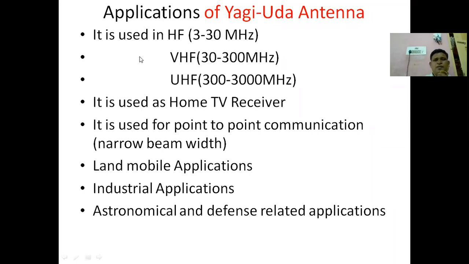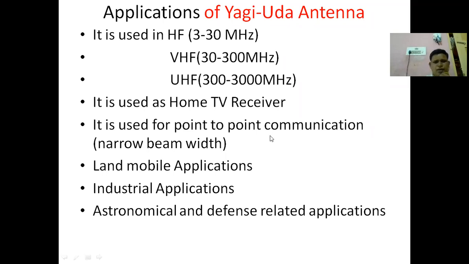These antennas are popular for home TV receivers. Ten years back, these Yagi-Uda antennas were very popular; you could see this type of antenna in every home. Nowadays we are not using this type of antenna.